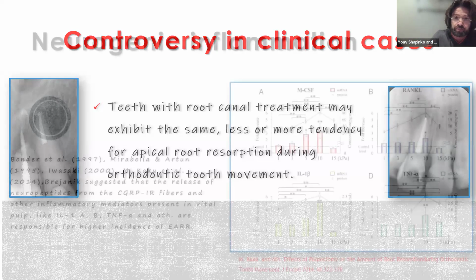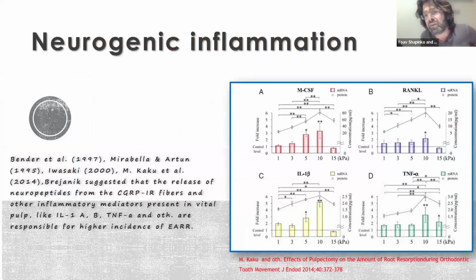It's very interesting. And one of the most interesting things in our field in dentistry is the story of neurogenic inflammation. With time, we understood that the function of the nervous system is not just to send the signal to the central nervous system, but also to influence local processes. You will have some irritation. Of course, it can be microorganism irritation, or it may be mechanical irritation of the nerve fiber.